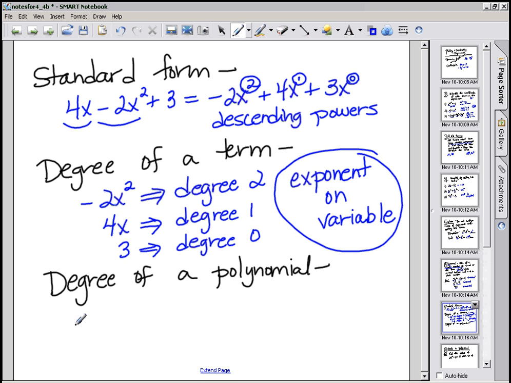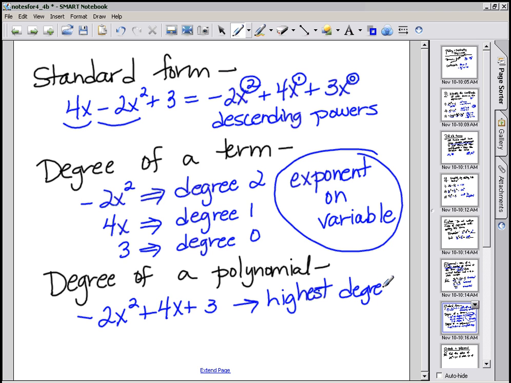Now, when you put that together and look at the degree of a whole polynomial, so if I look at this polynomial, negative 2x squared plus 4x plus 3, we say the degree of the polynomial is the highest degree of all the terms. Now this one we're just looking at a single variable, not going to get into 2 variables in this course.